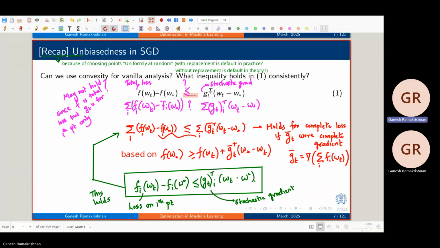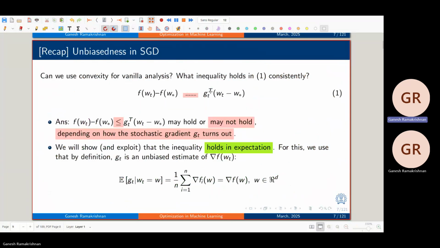Whatever I have written here is all fine. The issue will be when I drop the summation on the right hand side and keep the summation on the left hand side. So this is what I'm trying to say. If this point is sampled, I can make this explicit: g_t transpose g_t^i.